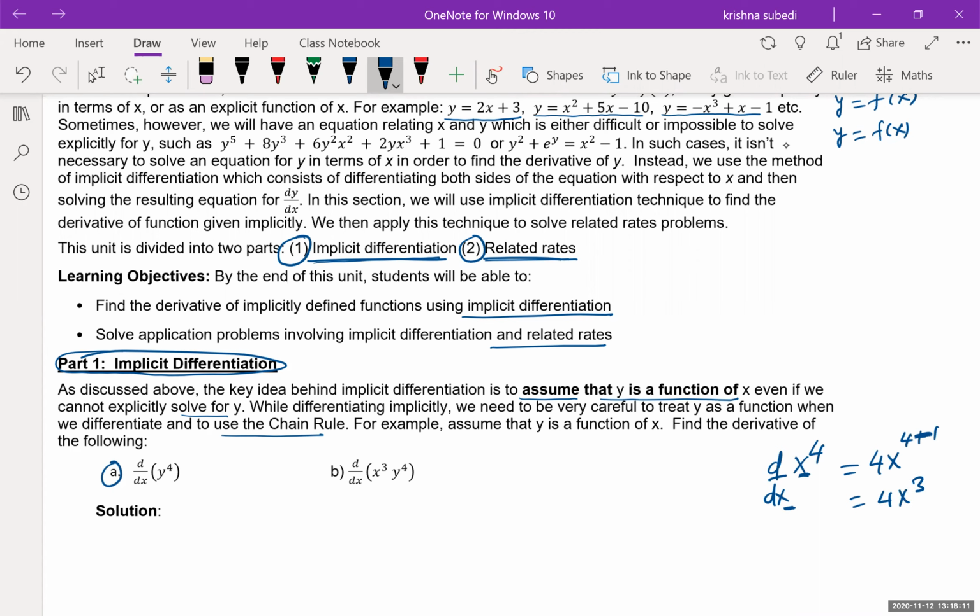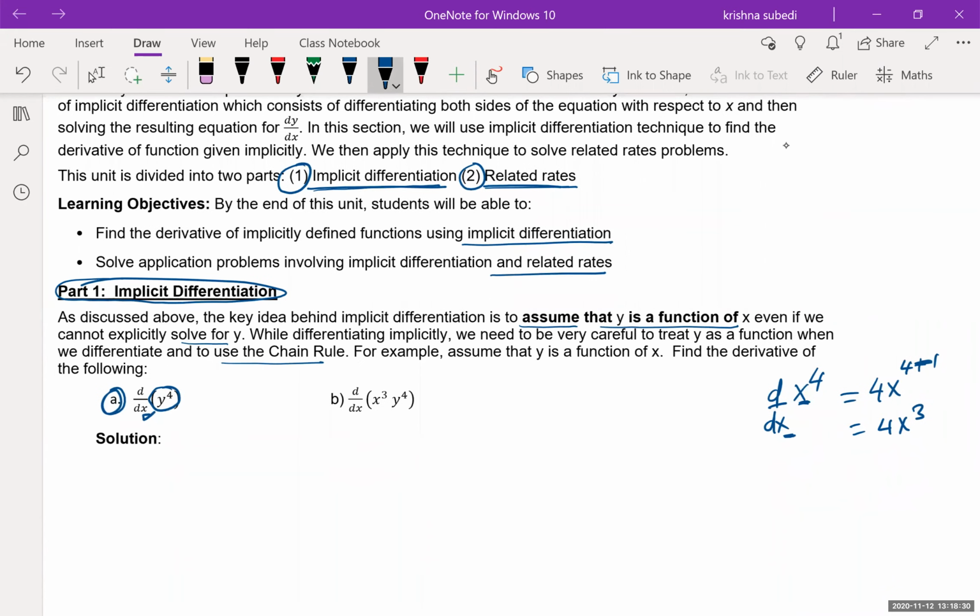But look at this in part A, in this example. We have y raised to power 4, but we are differentiating with respect to x.